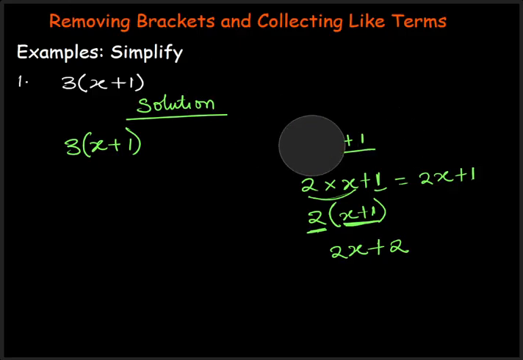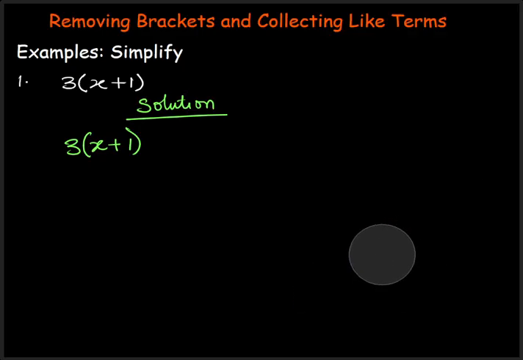Okay, so let's start solving examples under clearing of brackets. So what do we have here? 3 bracket x plus 1. Now we must take note of the signs. We've talked about multiplication of directed numbers and variables. What sign does 3 carry here? 3 carries a positive sign. x carries a positive sign. Numbers and variables all have their signs.